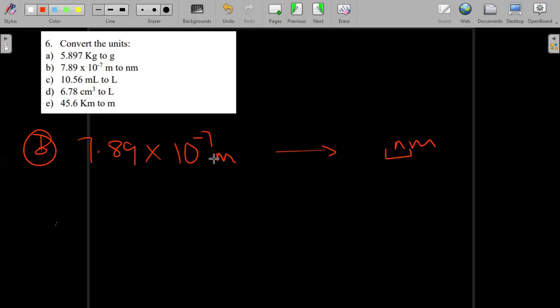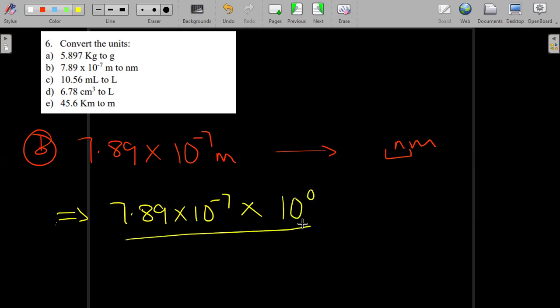And then this meter here doesn't have any prefix. So it means it's 10 to the power 0. So we are going to say this is equals to 7.89 times 10 to the power minus 7, times, since it doesn't have any prefix, it will just be 10 to the power 0, and then divided by what you are converting to.